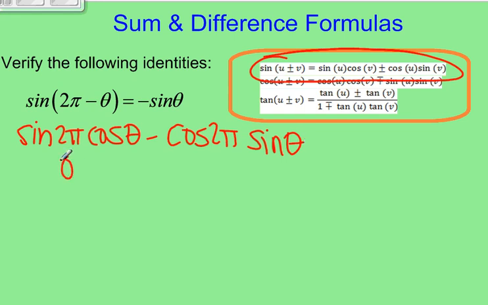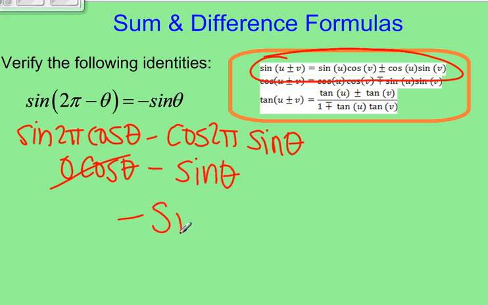So if this is 0 and we still have a cosine of theta, those are going to cancel. And then cosine of 2 pi is going to be 1. So 1 times sine just leaves us with sine of theta. So we are left with negative sine theta for our answer, which is what we needed on the right.